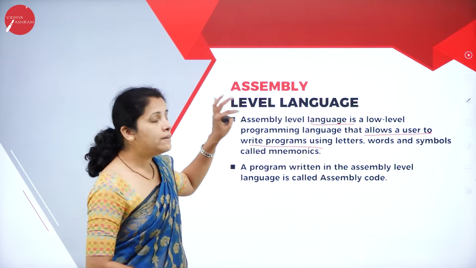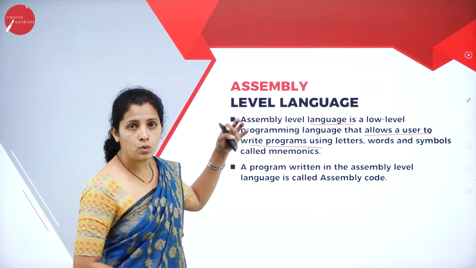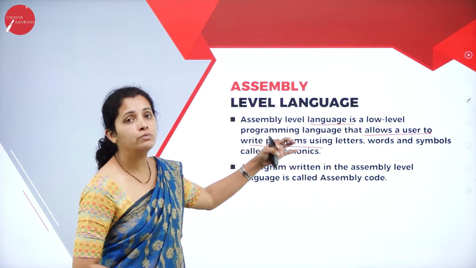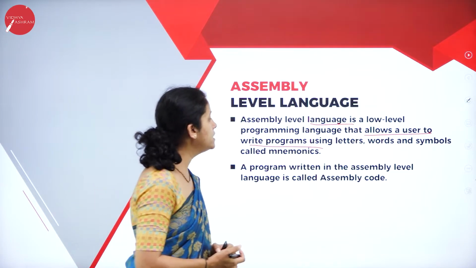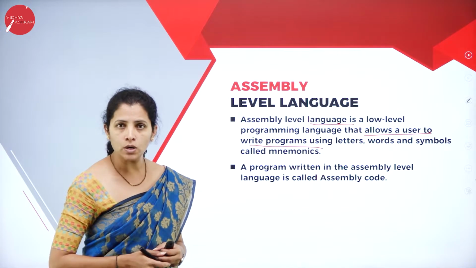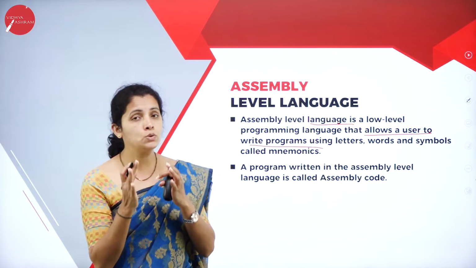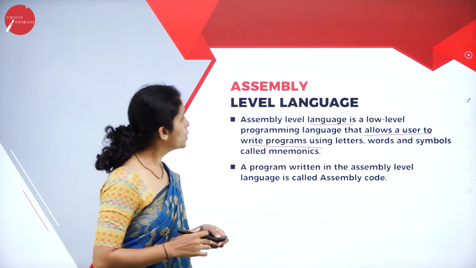In assembly level programming language, the user can write programs by using symbols, letters and words, and these are called mnemonics. A program written in assembly level language is called assembly code. That means whatever program I write by using assembly level language is called assembly code.